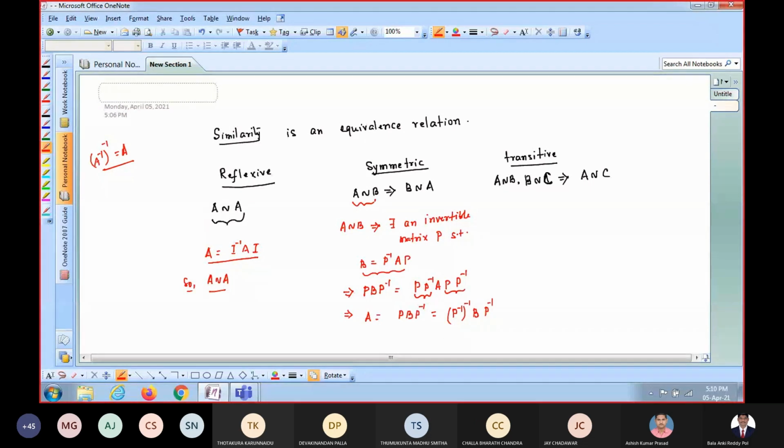Now I take P inverse as K. So this is K inverse B K. Right? Therefore, B is similar to A because P is invertible. So K is also invertible. Hence, we have proved that B is similar to A.